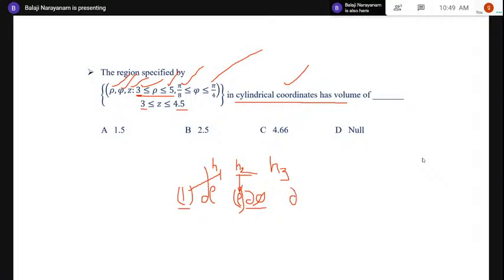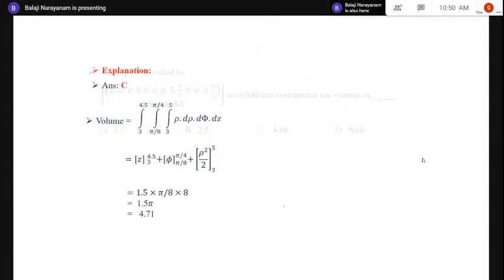Variation along the z direction is dz, and the scale factor is 1. So the scaling factors H1, H2 and H3 are 1, rho and 1, and for volume, dv can be taken as d rho, rho d phi, dz.